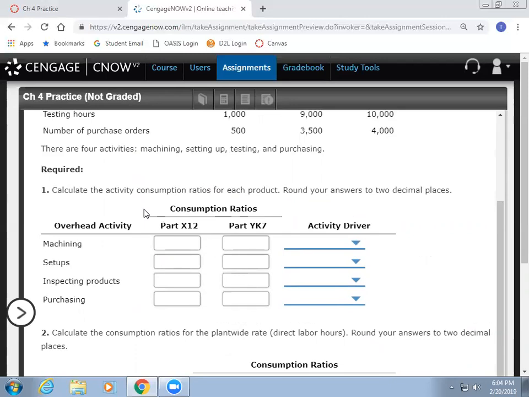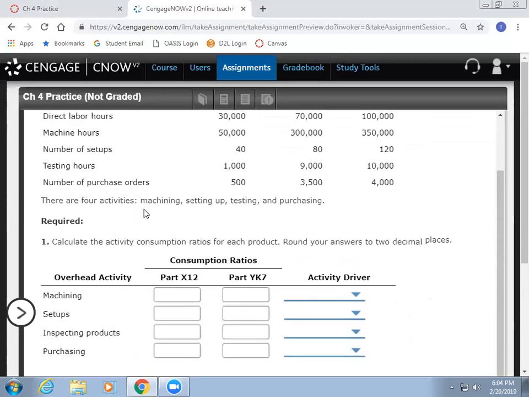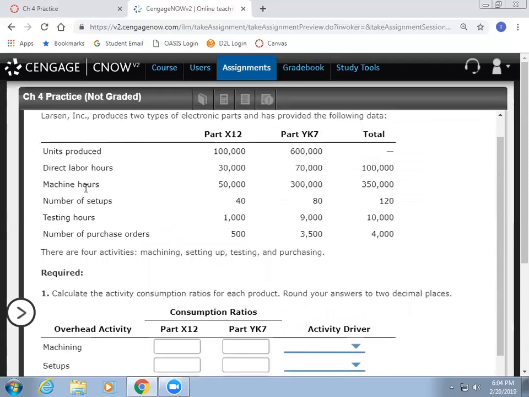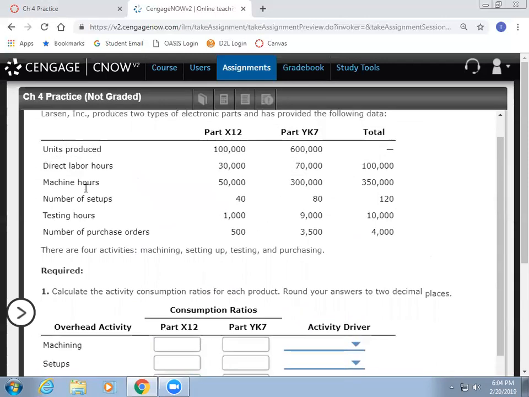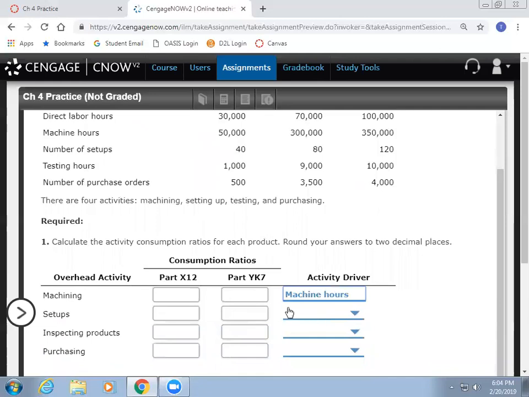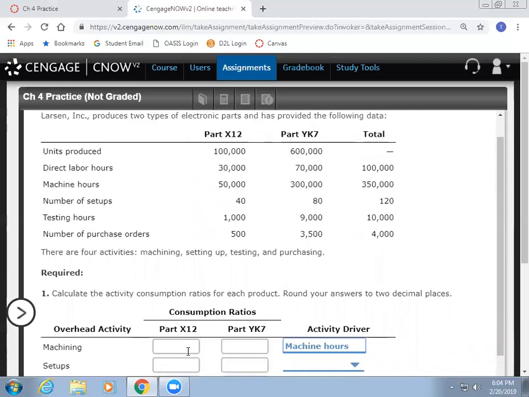The first overhead activity that we have is machining, and it wants us to do the consumption ratios and choose the activity driver. Well, if I look up here, activity driver is going to be machine hours for machining. So I can choose machine hours. And to figure out consumption ratios, you're truly just going to take percentages.